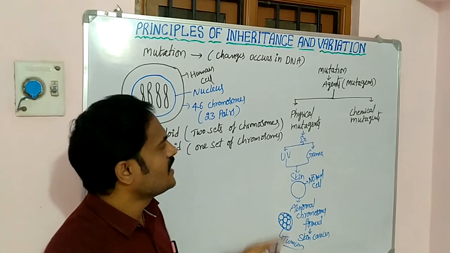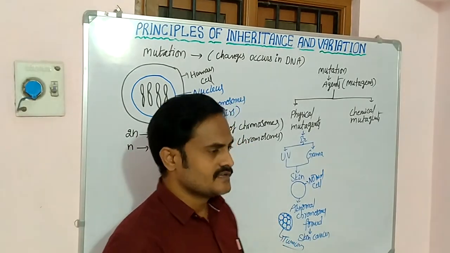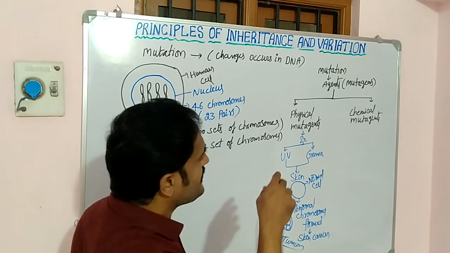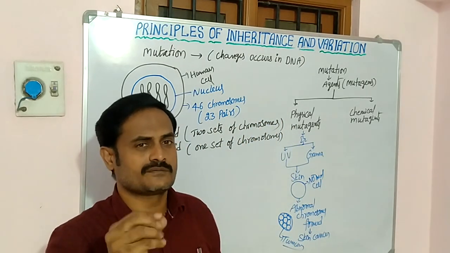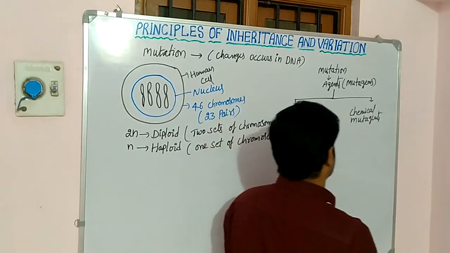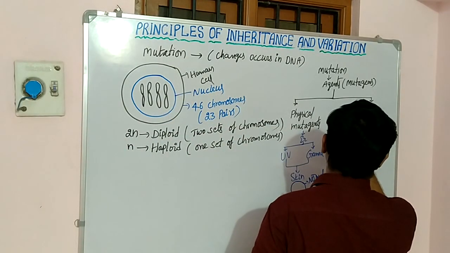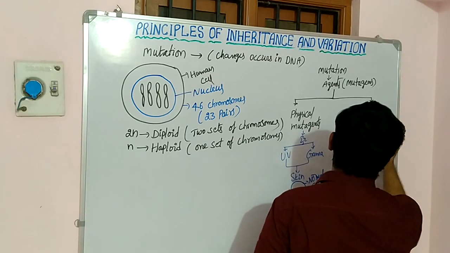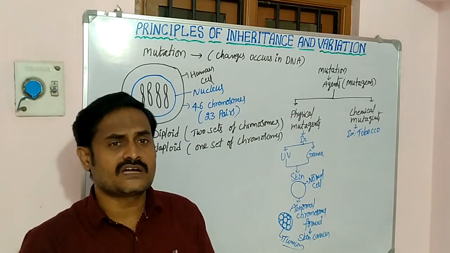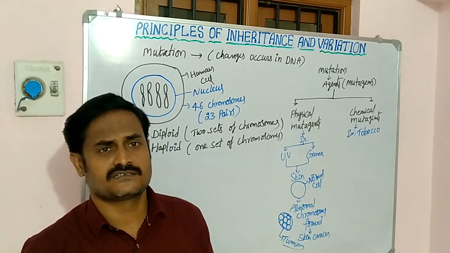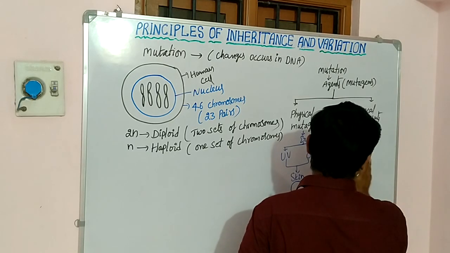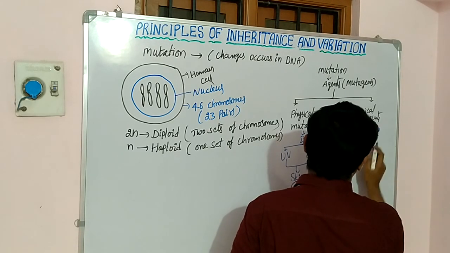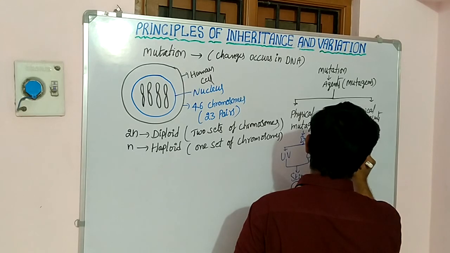Okay, coming to the chemical mutagens. Some chemicals are present in some drugs, or for example, a chemical mutagen example is tobacco. See, tobacco consists of chemical substances. Commonly, tobacco contains one important carcinogenic agent.